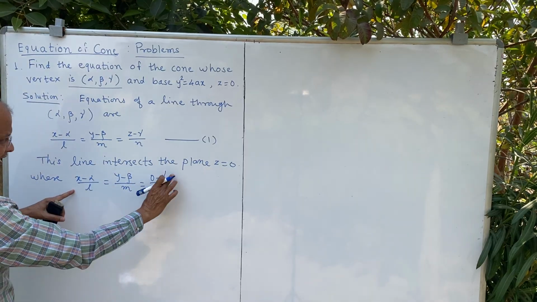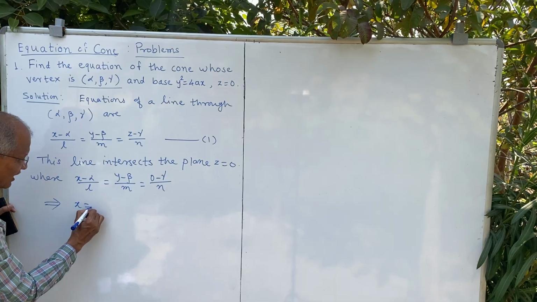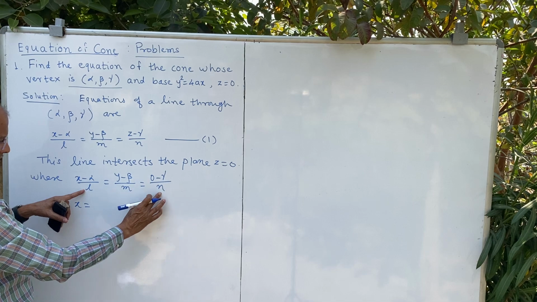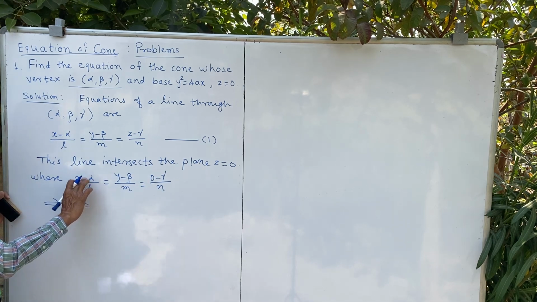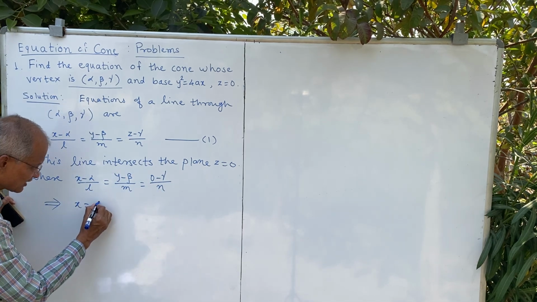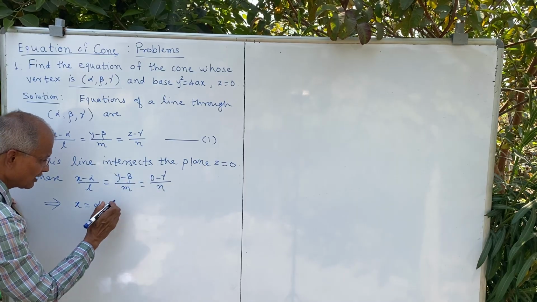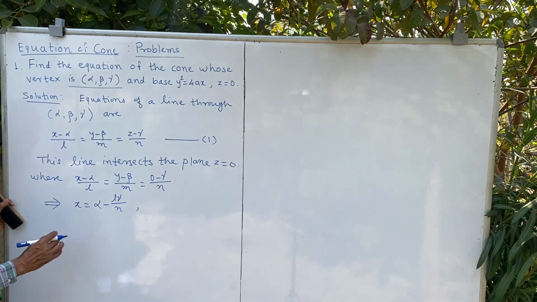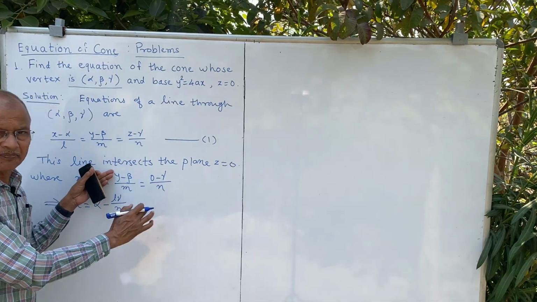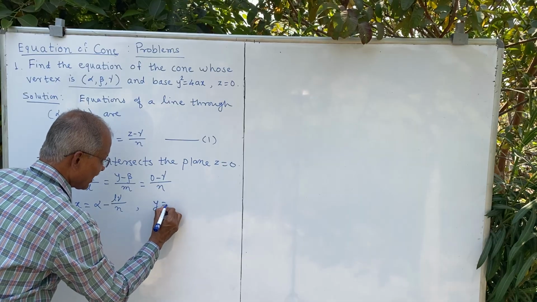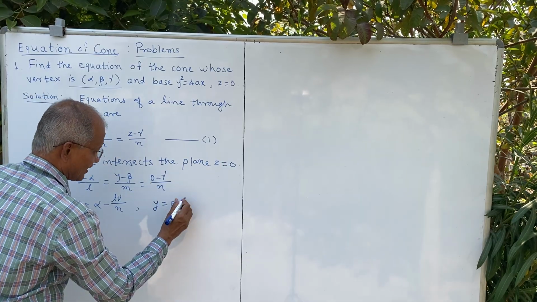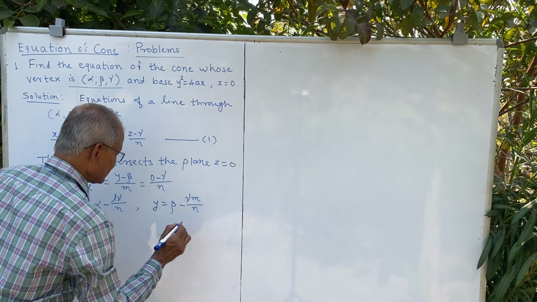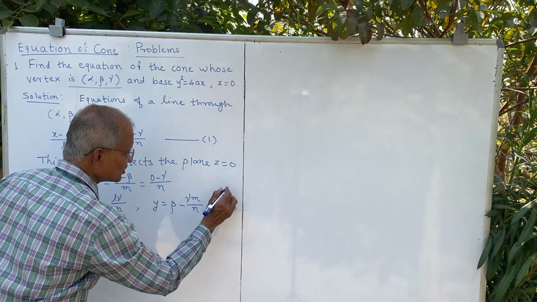So this will give the values of x and y. Equate the first and last ratio. The value of x will be, L is to be transferred to this side, that will be minus gamma L divided by N, and then we shall transfer minus alpha to the right side. So it will be alpha minus L into gamma divided by N, that is the value of x. Similarly, equate the second and last ratio, and that gives the value of y as beta minus gamma into M divided by N. And z is obviously 0.